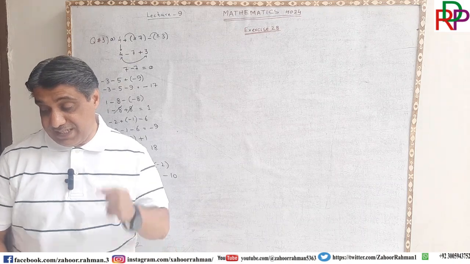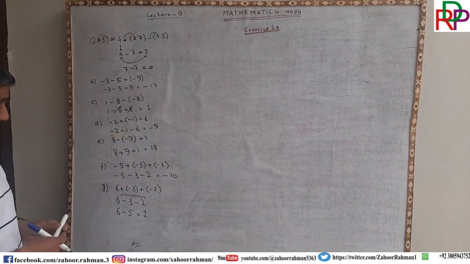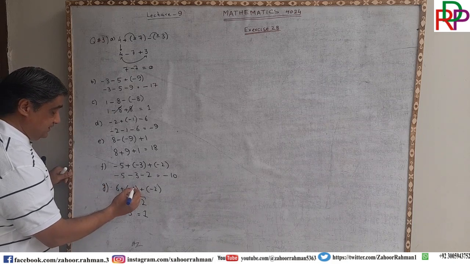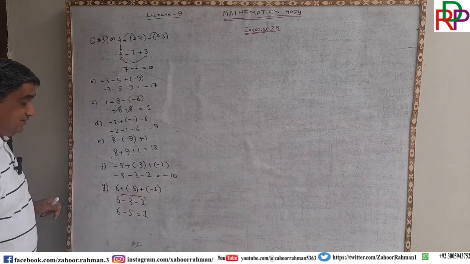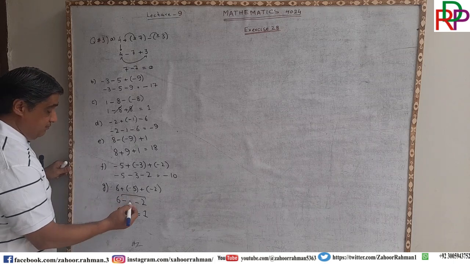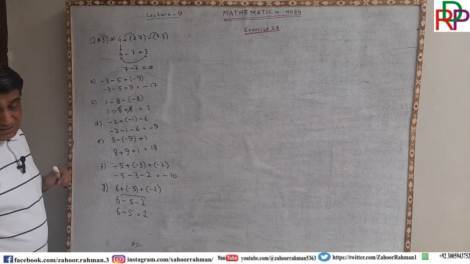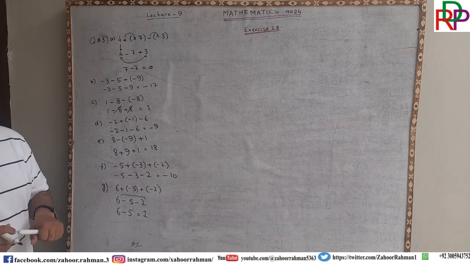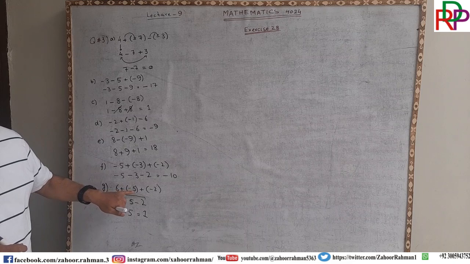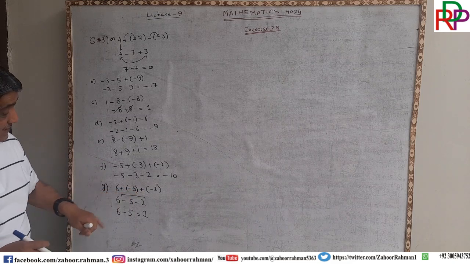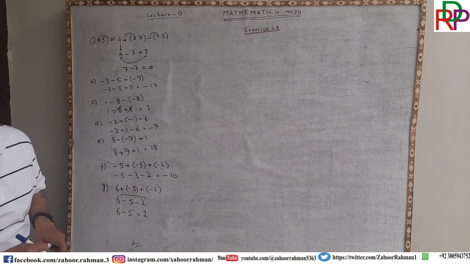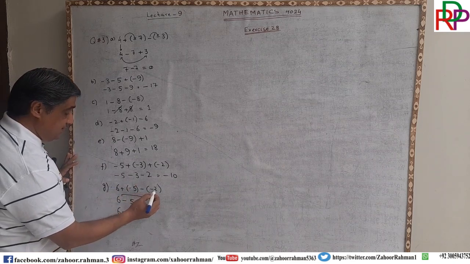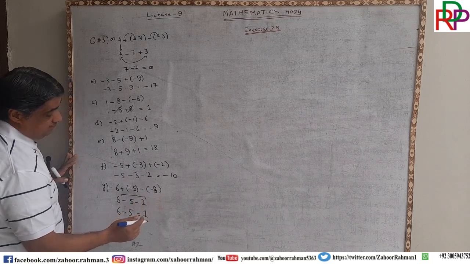G part 6 plus this is minus 5. I saw in the answer, not 3. So it will be minus 5. And that will be 6 plus minus 5 minus minus 8, minus minus 8.